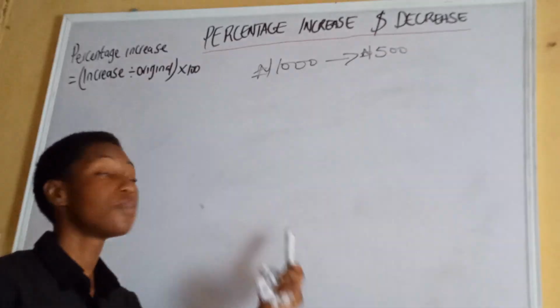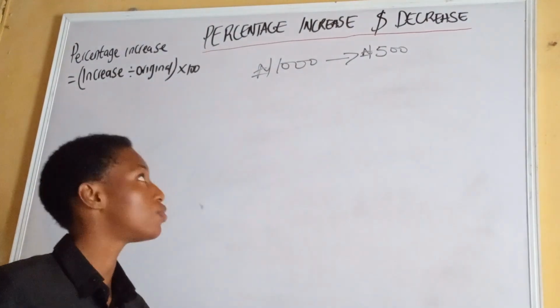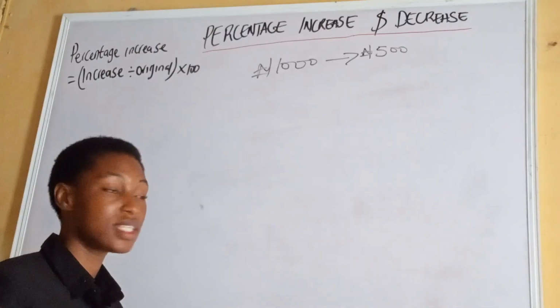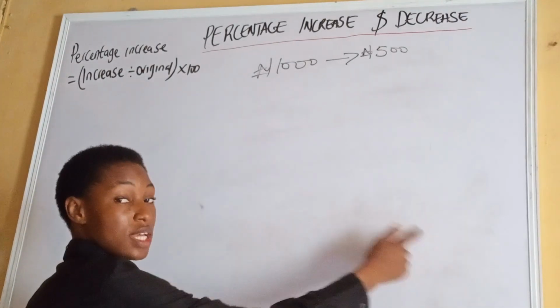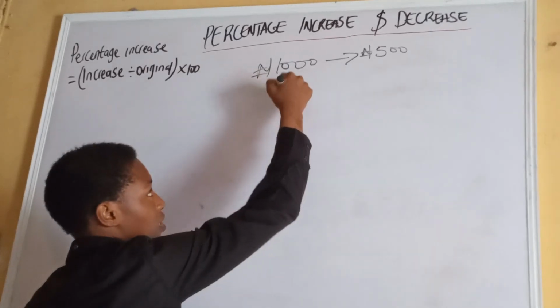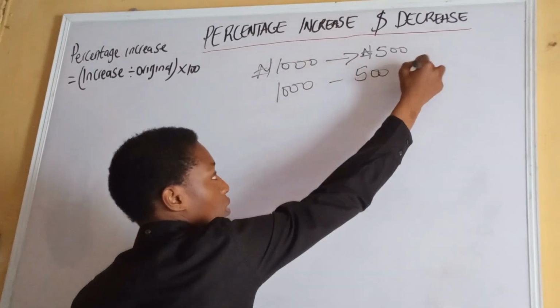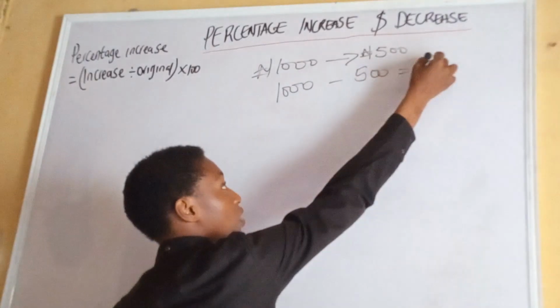But if you were to calculate in percent how much was decreased, with increase, we subtracted the old price from the new price. With percentage decrease, you subtract 500 from 1,000, and you get 500.